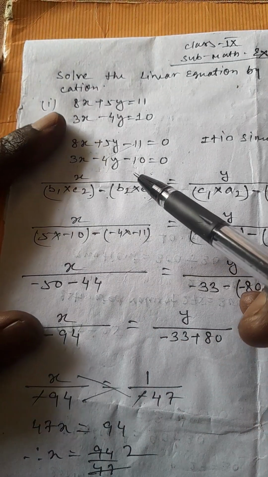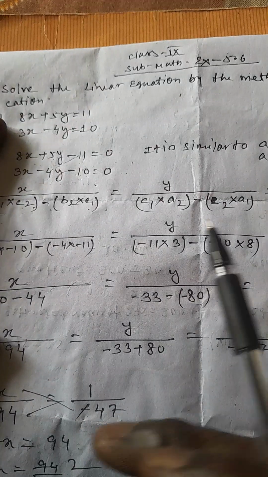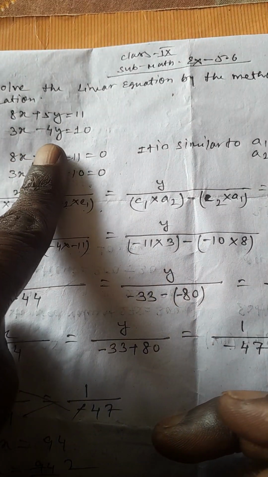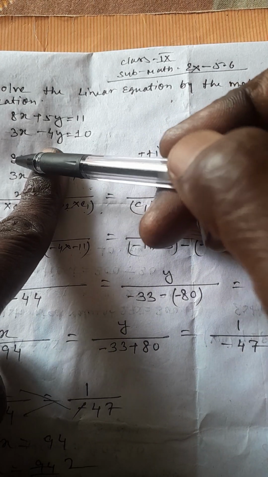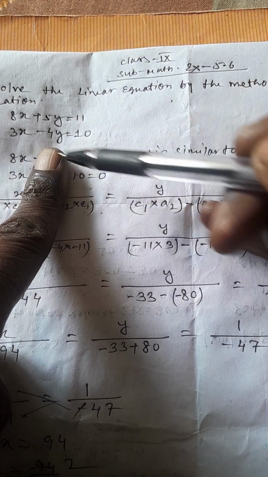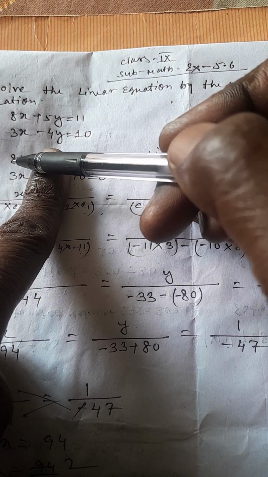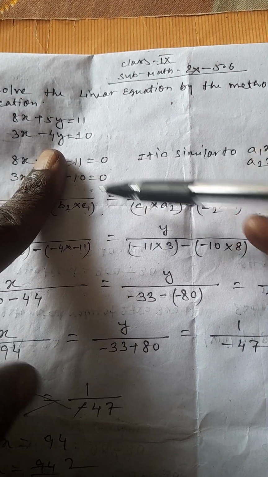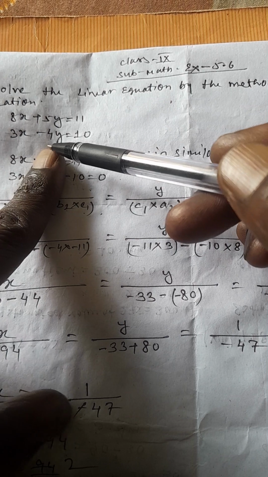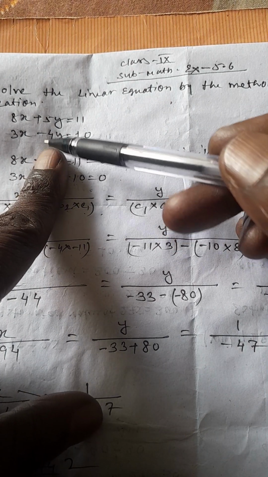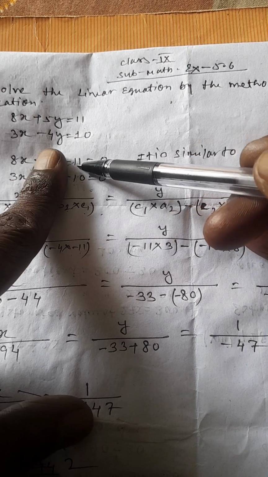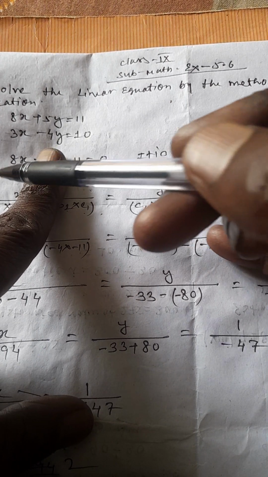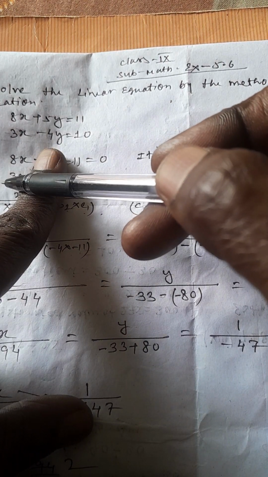In the same way, when you are going to find the value of y, hide the value of y and multiply this with this, means multiply c1 with a2.